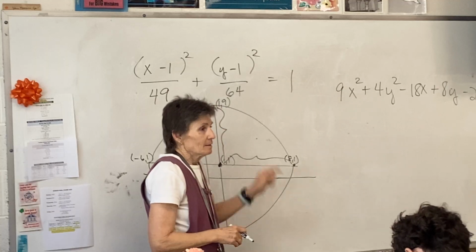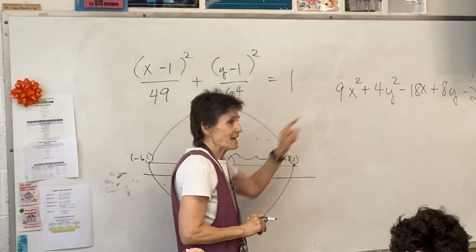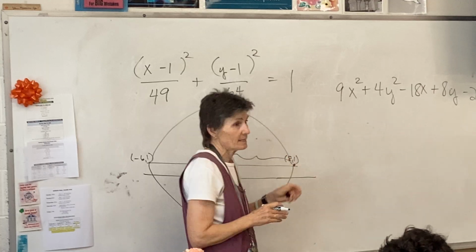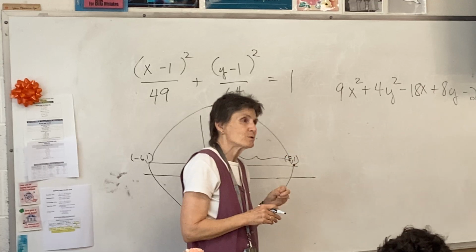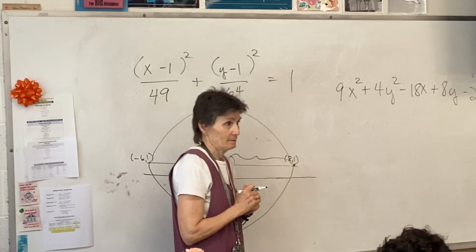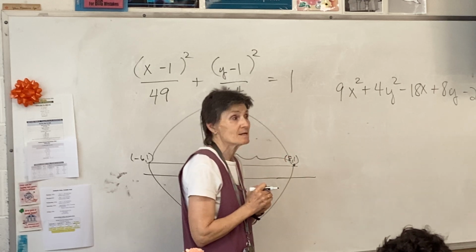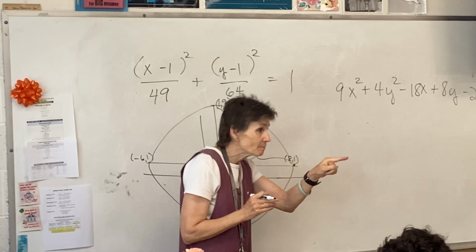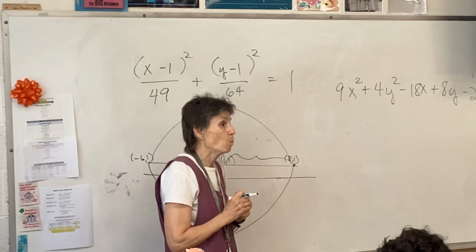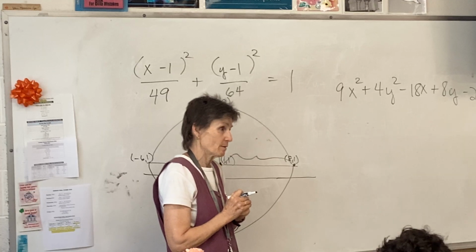All right. First of all, that's an ellipse. It's obviously not in any kind of standard form, so how can you tell that it's not a parabola? What is your clue? They're both squared. In a parabola, only one will be squared.